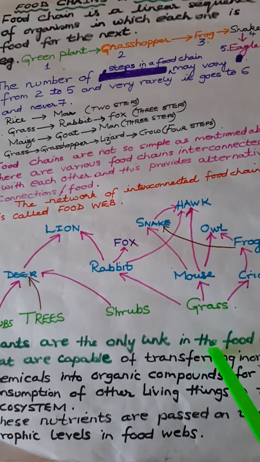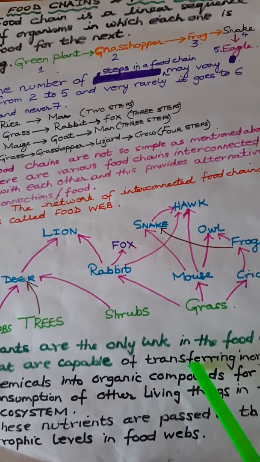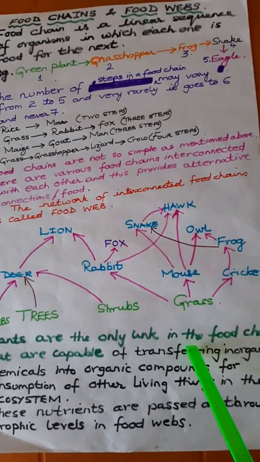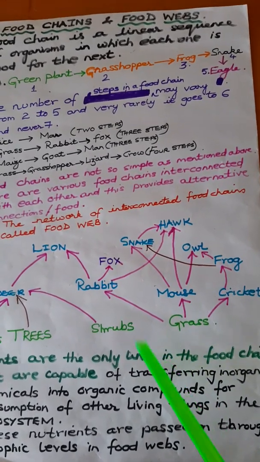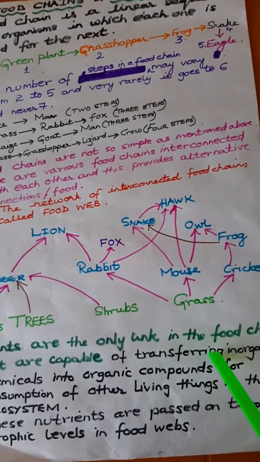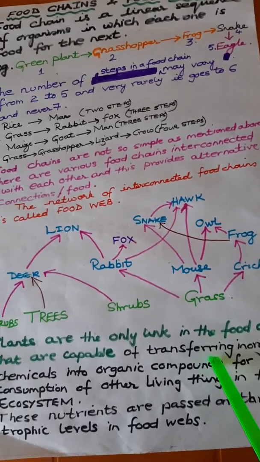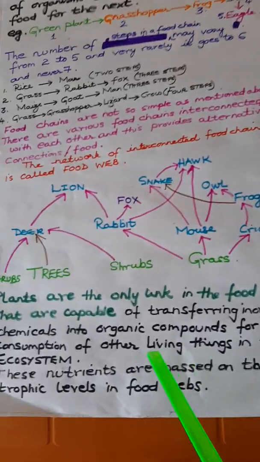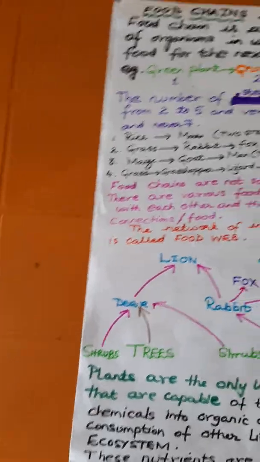That means all the minerals from the soil, which animals and insects cannot take directly from the soil, are taken by the plants, converted into organic compounds, and eaten by other living things, and that is circulated in the ecosystem. These nutrients are passed on through different trophic levels in the food webs.